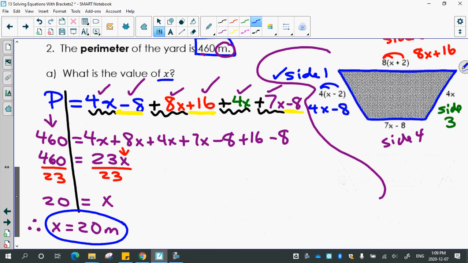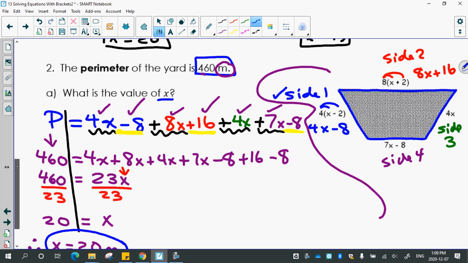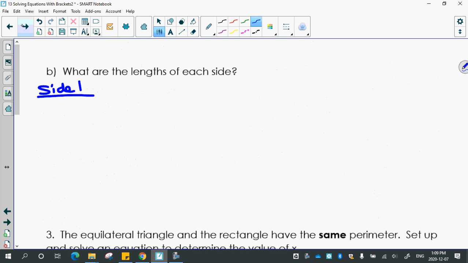Side 1 was 4x minus 8. Does everyone see that? Side 1 was 4x minus 8. So we're going to go here and write down 4x minus 8, keeping in mind that we know x is 20 meters, because that's what we did in part A, found the value of x. Okay? So now we're going to use substitution and replace x with brackets with 20.